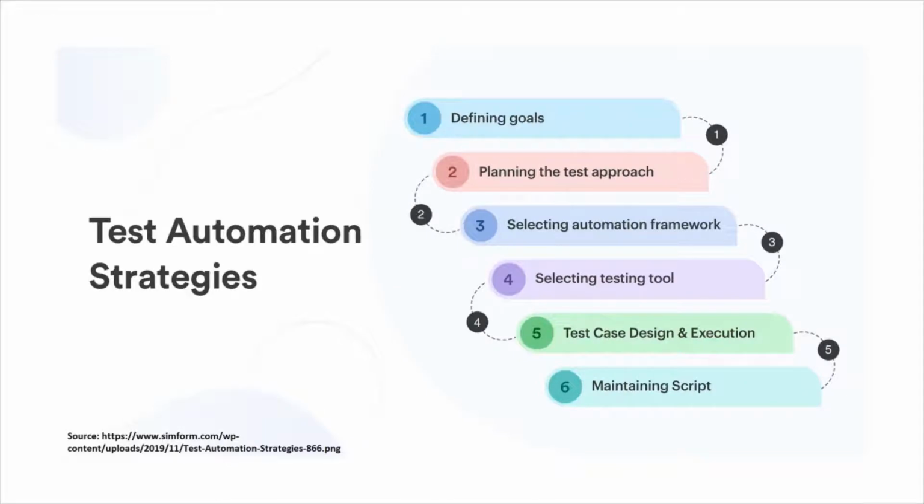Now, we need to define a test automation strategy, right? So basically, these are some standard steps. We need to define goals, then we plan our test approach, how we face what we're going to test, and so on. Then we should select the framework we would like to work with, right?